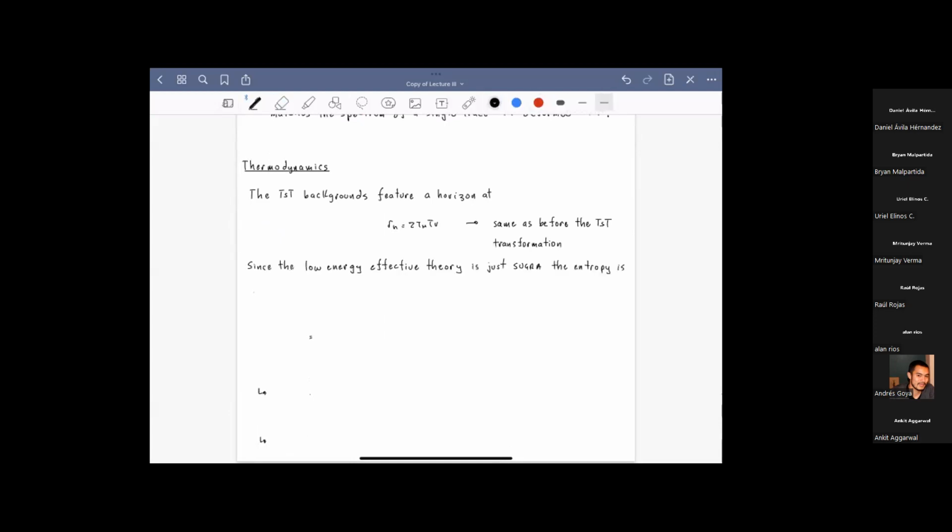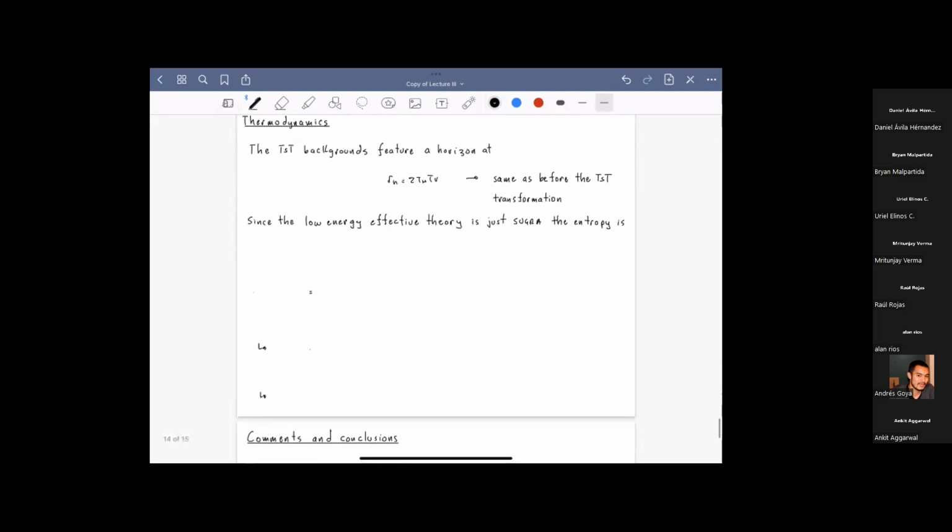Since the low energy effective theory is just supergravity, you know that the entropy is going to be given by the area in Planck units. And you can compute this entropy, and it's given by this expression. What's interesting about this is that using the holographic dictionary, you can show that this is just this. And it matches the entropy that we found in the single trace TTbar case.